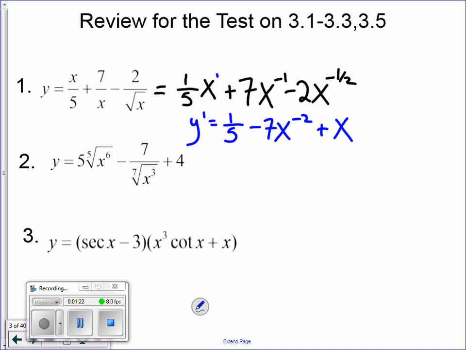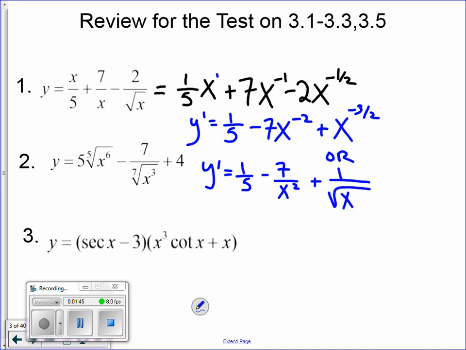X. And when you subtract 1, or 2/2 from -1/2, you get -3/2. So you can either leave your answer like that or rewrite it as y prime equals 1/5 minus 7 over x squared plus 1 over the square root of x cubed. But it's fine on this test just to leave your answers unsimplified.